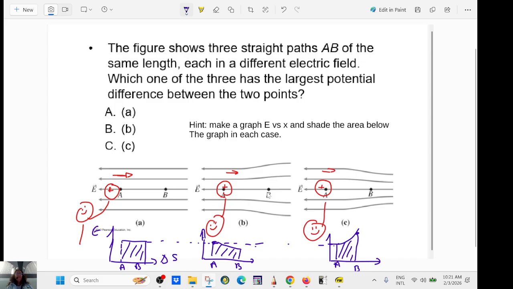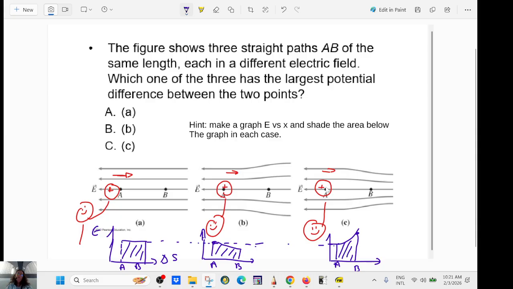But here it's easier because the electric field decreases. Here it gets harder, and here it's the same. But you can do that with an integral.